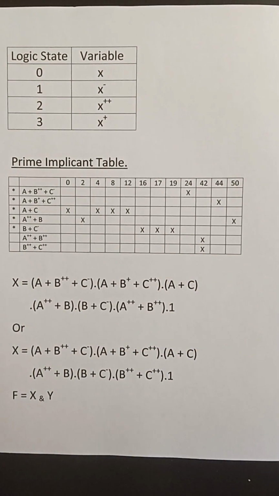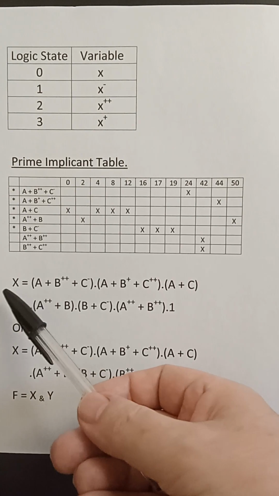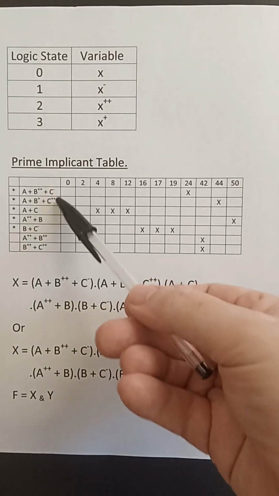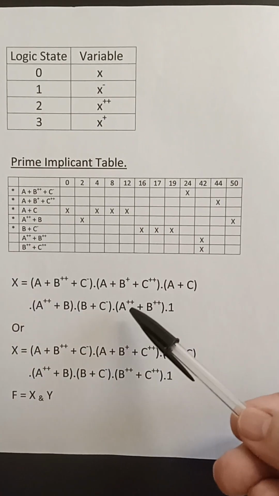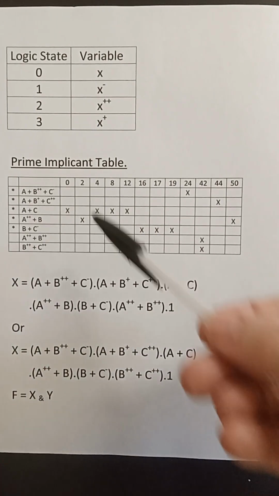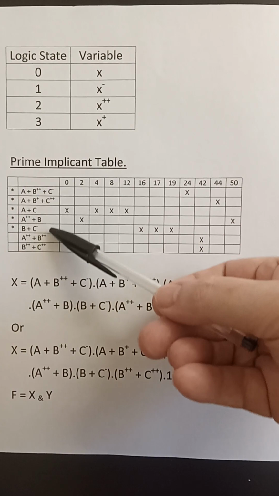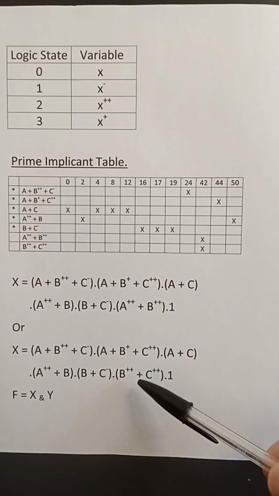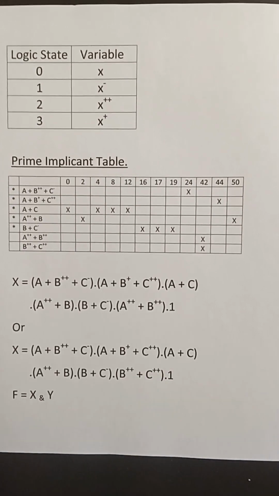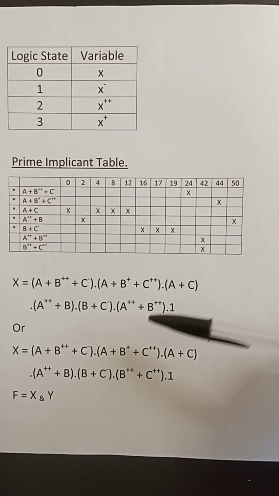So the final expression for x is all these essential prime implicants plus this one, A plus plus max B plus plus, or alternatively all these essential prime implicants plus B plus plus max C plus plus. So you have a choice.